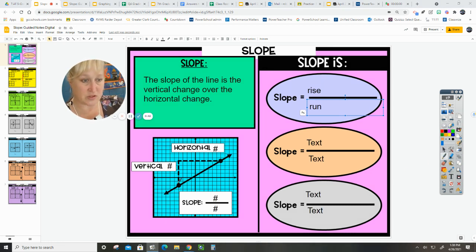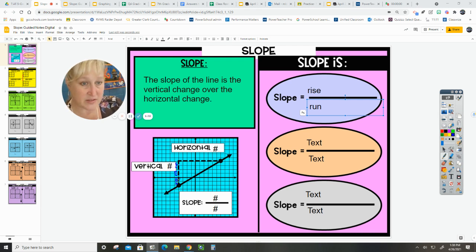over the run first. What you're going to do is count how many squares up to go to the other point. So 1, 2, 3, 4, 5, 6.